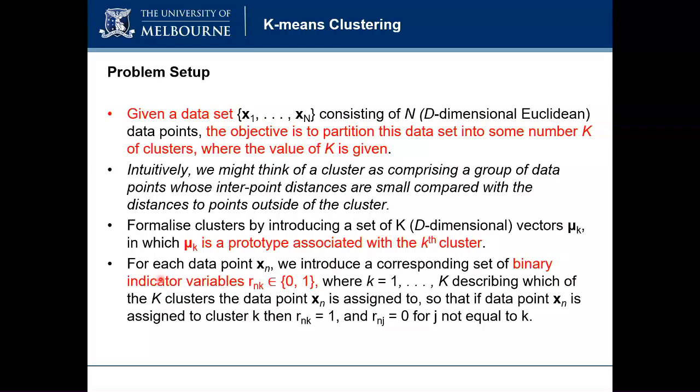And then for each data point, we introduce the binary indicator variables, r nk. It only says whether this point belongs to this cluster or that cluster. So r nk is 0 or 1. That means r nk has to be 1 for one of the k's and should be 0 for all others.